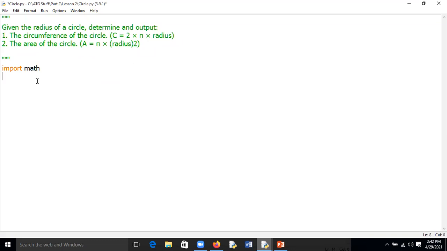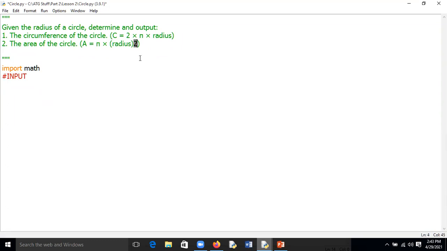Step one, our input, right? Given the radius of a circle, so we're reading in the radius, determine an output. The circumference is 2 times pi times the radius, and area is actually pi times radius squared.